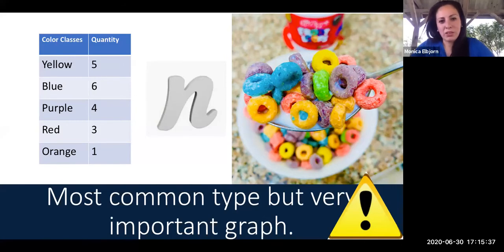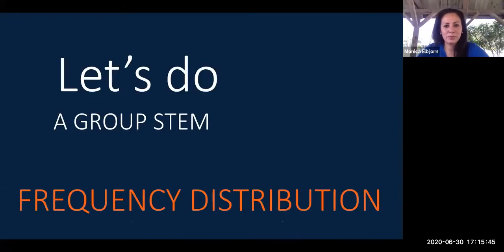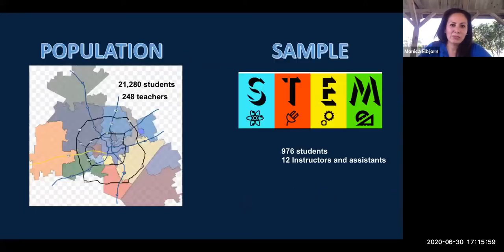This is a very common graph where it's very important. I decided to make one graph for the STEM group, so that we'll get more practice with it. So let's start. What do we want to graph?